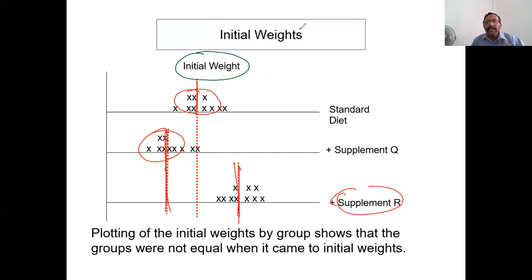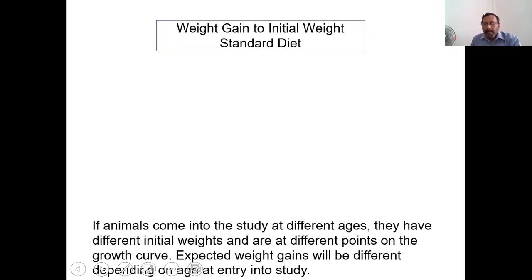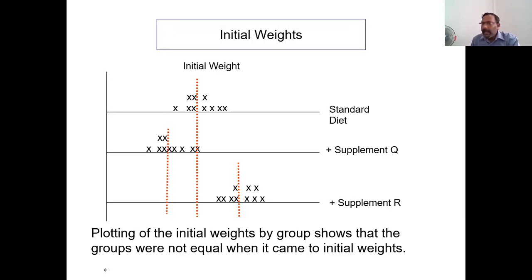So this weight itself could have created some variability. That is the problem. If they are on the same line, no problem. But here they are not. So this is what we are going to discuss in the analysis of covariance: how we can adjust them in the analysis of variance.